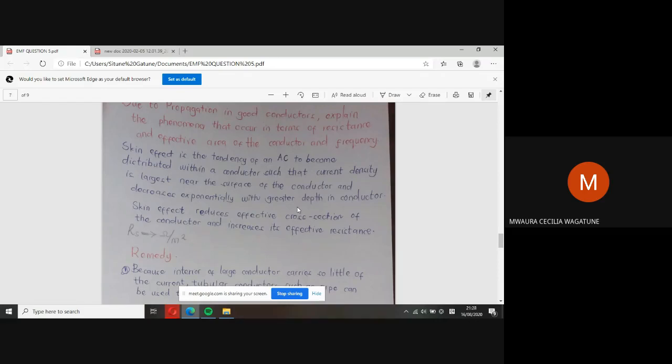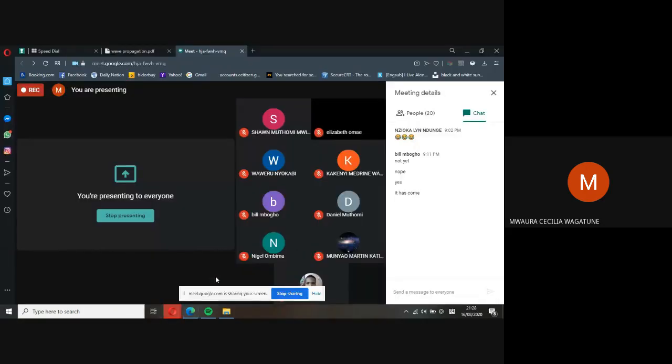Current density is largest near the surface; in the middle it's very little. So we realize that it decreases exponentially with greater depth in the conductor. Have you understood what I have explained?